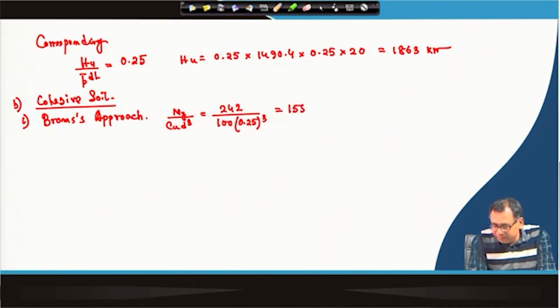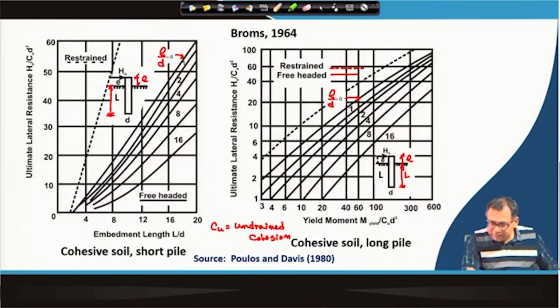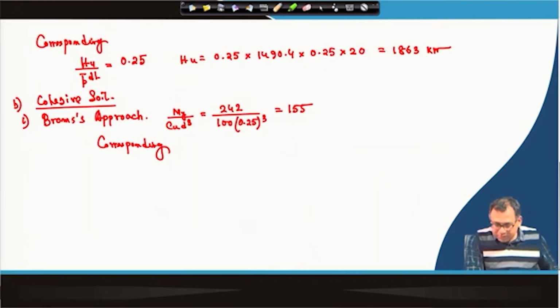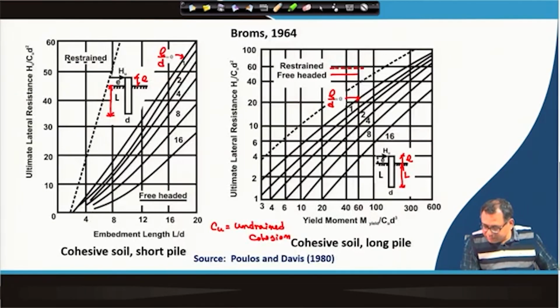So, this is 155. Corresponding to this, what value will I get from the chart? This chart is HU by Cu d square. 155 will be somewhere here on the log scale, this is 2, 3, 4, 5, and with the free head, e by d equal to 1, if I extend that, it will be around here.